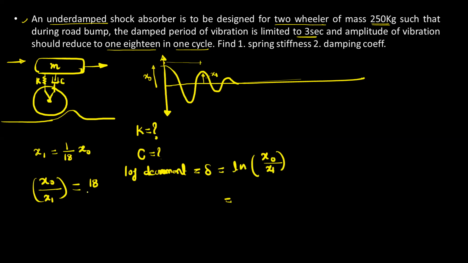So this value is 18. We have got the ratio x0 upon x1. So ln 18. So delta is equal to 2.89.